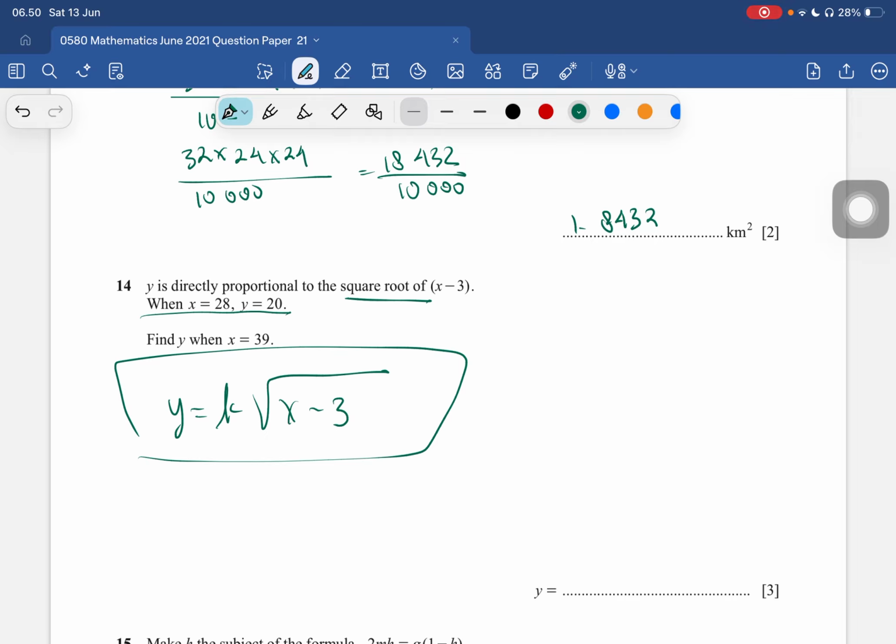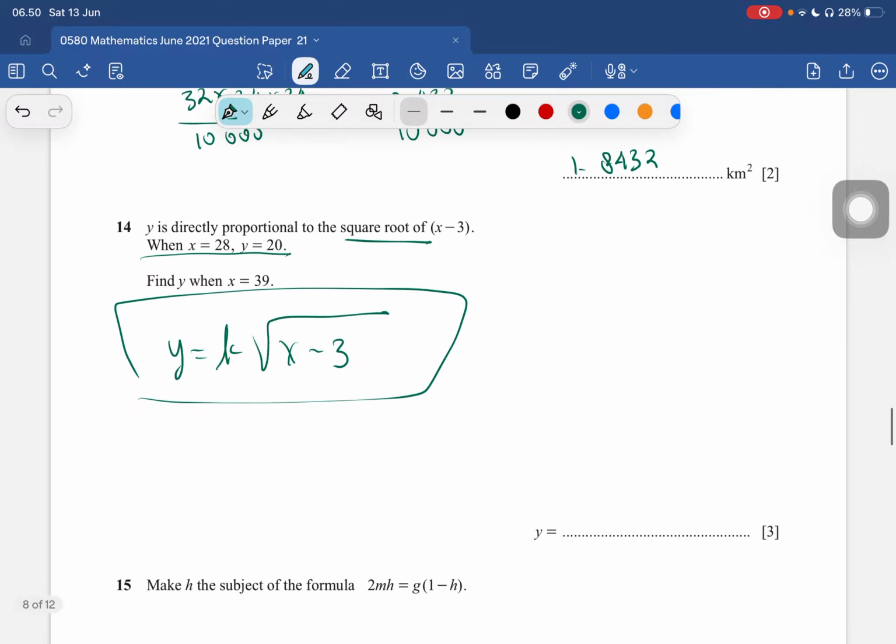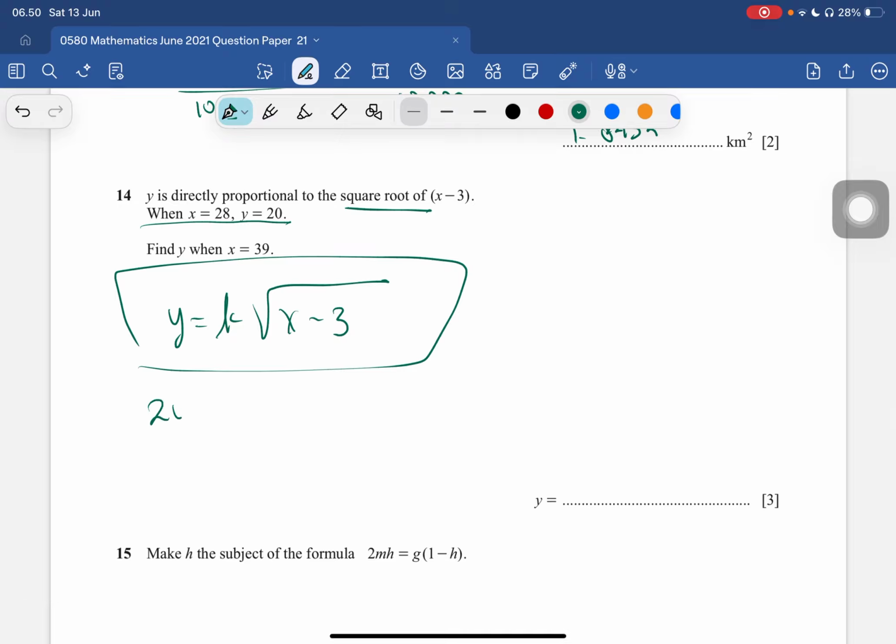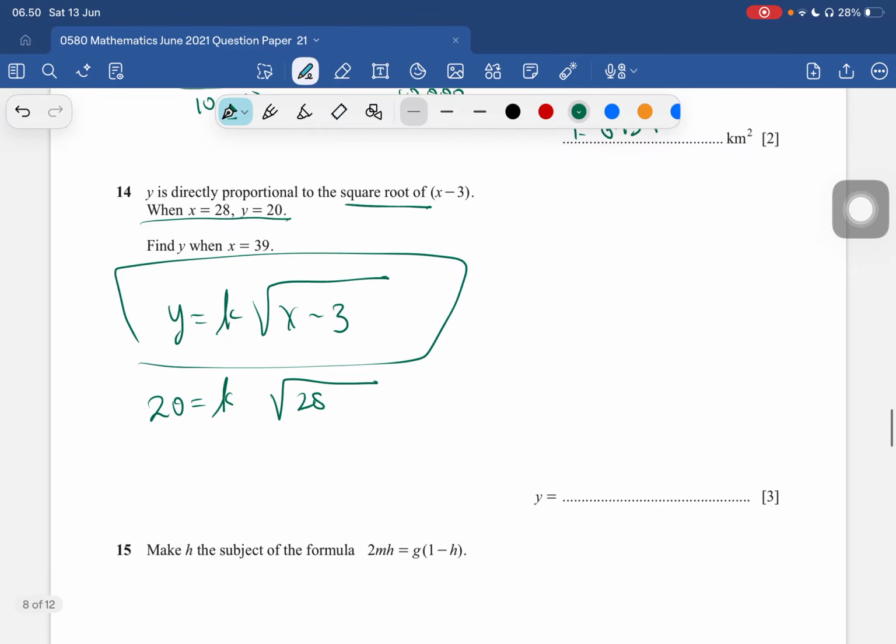When x equals 28, y equals 20. So let's substitute: 20 equals k times the square root of 28 minus 3, that is the square root of 25, which is 5. So 20 equals 5k. We divide both sides by 5, so k equals 4.